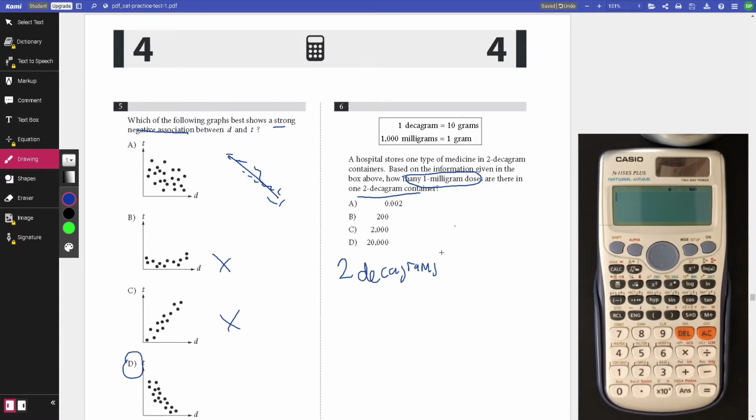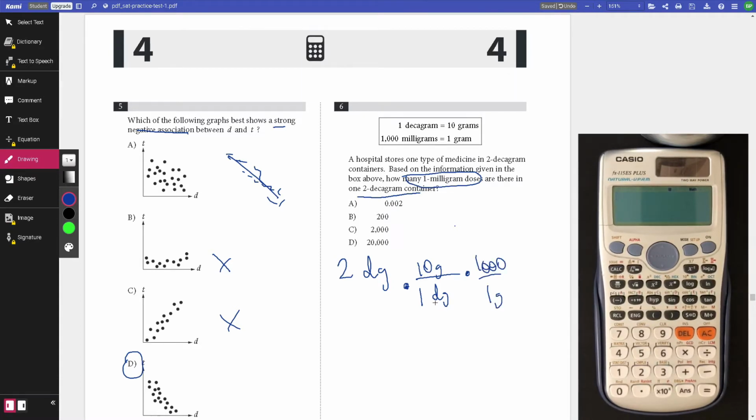We're given these conversion factors, so we can say that 1 decagram, I'm going to abbreviate this decagram. I'm not sure that's the correct abbreviation, but I'll go with it. So 1 decagram is 10 grams, and 1 gram is 1,000 milligrams.